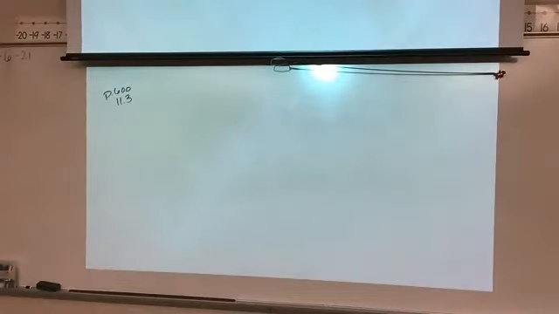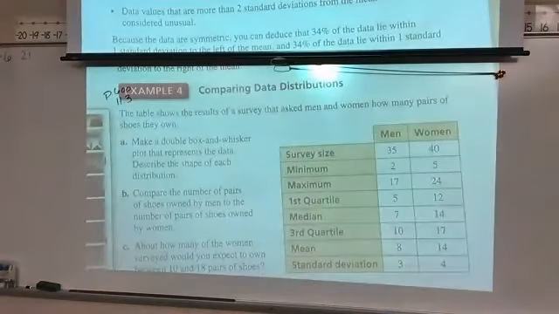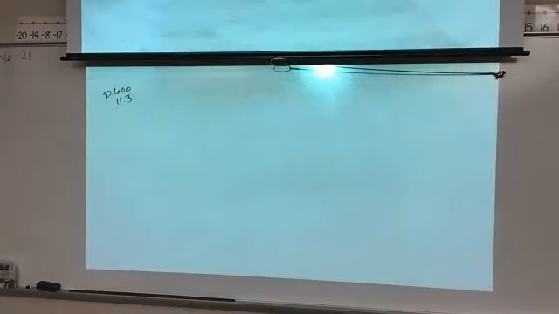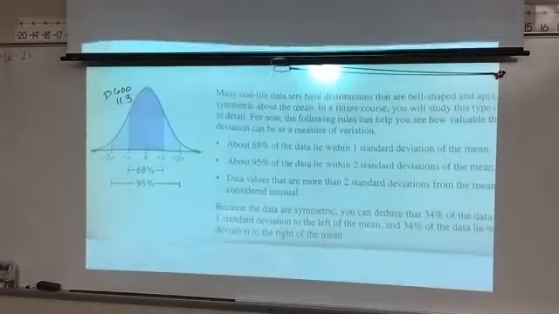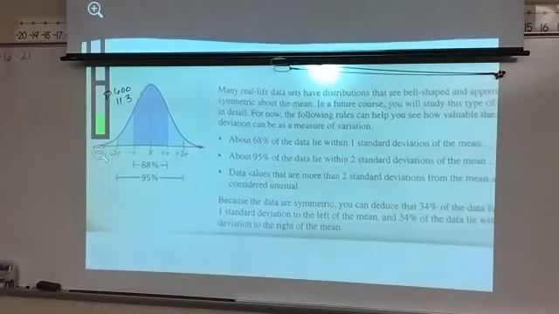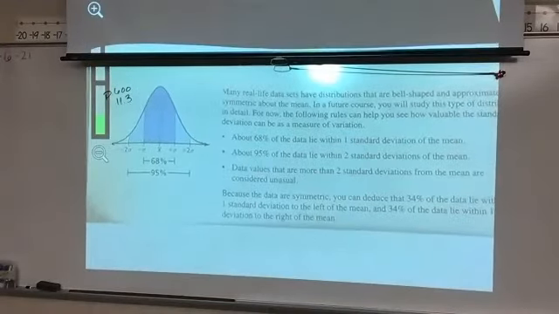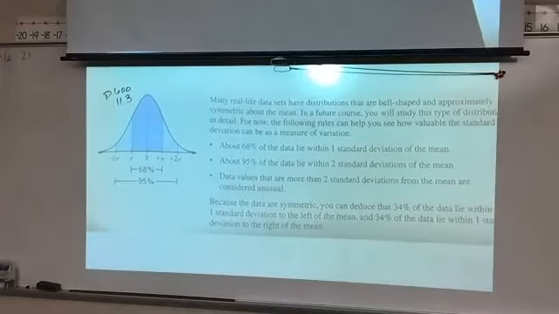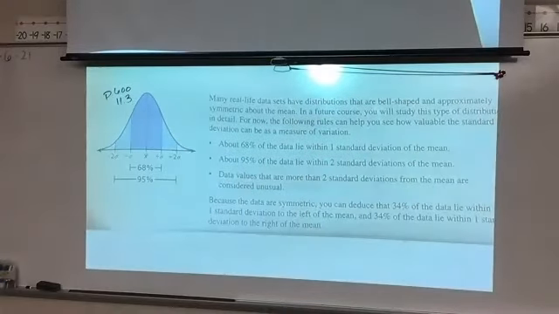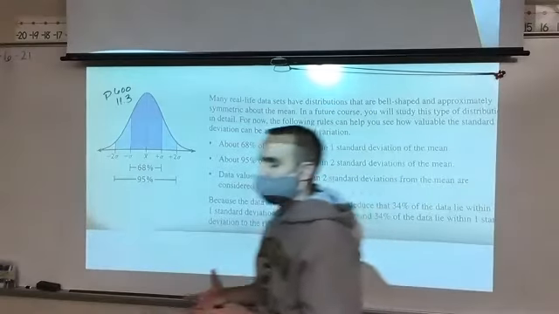All right, so kind of the last idea that we have here. It's gonna take us a little bit of time to get through this. But the idea here, you see here, it says many real life data sets have distributions that are what we call bell shaped.